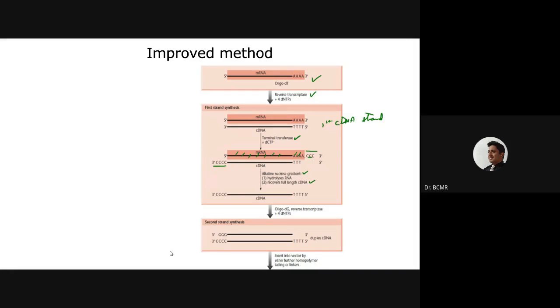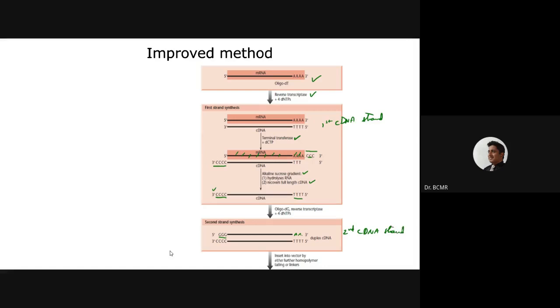Now you have the first cDNA strand. On one side you have poly T, on the other side you have poly C. Because you know this is the poly C, you can use a primer that is poly G or oligo G. And then using that primer, one can synthesize the second cDNA strand.